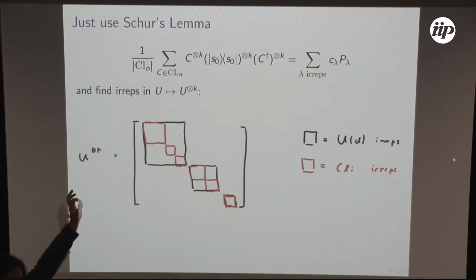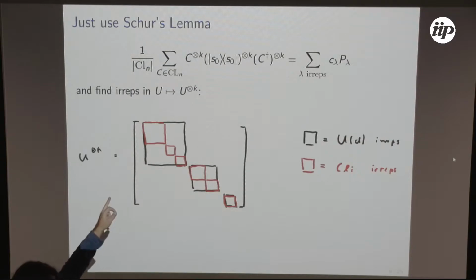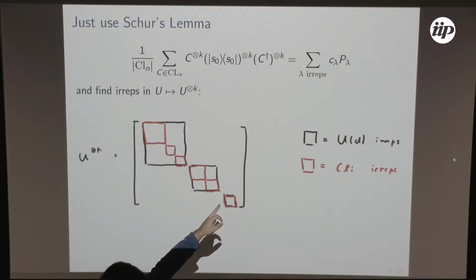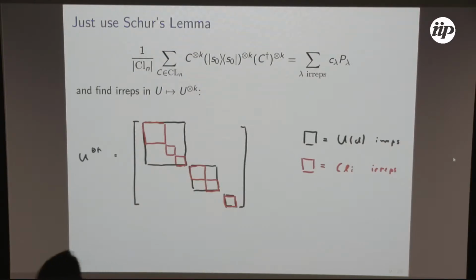You can squeeze it in from the left, then relabel the summation and pull it out on the right. And Schur's lemma tells you that if a matrix commutes with every element of your representation, then it has to be block diagonal with respect to the irreps. So this is a very basic result. And so the question of computing moments of stabilizer states boils down to finding irreducible representations of this k-fold tensor product of Cliffords. And of course, the Clifford group is itself a subgroup of the full unitary group.